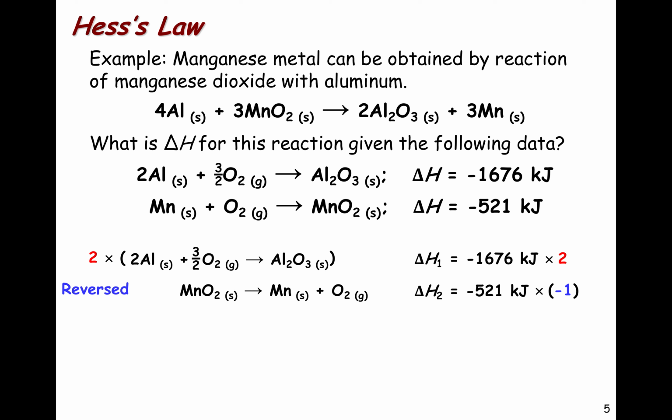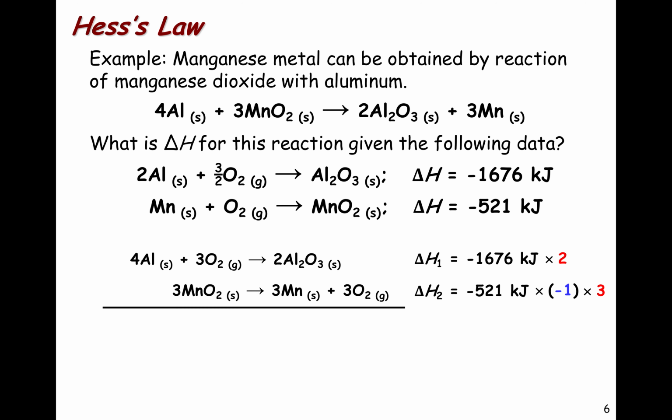So if we multiply that by negative 1, then multiply by our 3 to get the stoichiometric relationship right, we then combine these two reactions, canceling out the moles of the oxygen.